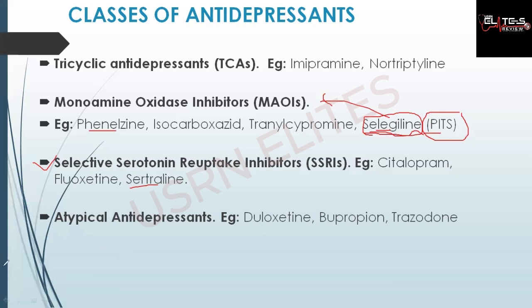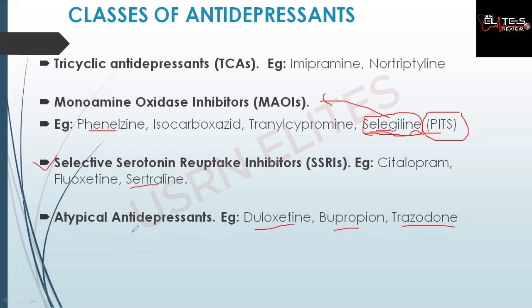Then we have atypical antidepressants too. That is where we have duloxetine, bupropion, and trazodone. So these are atypical antidepressants.